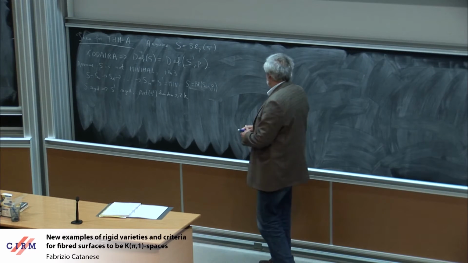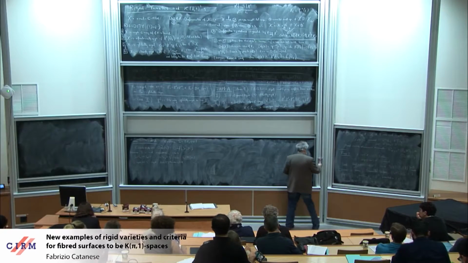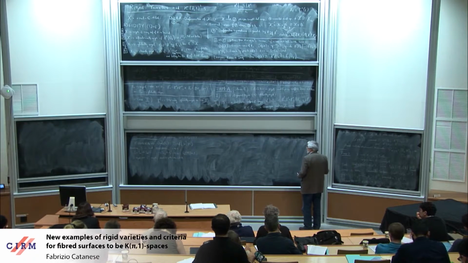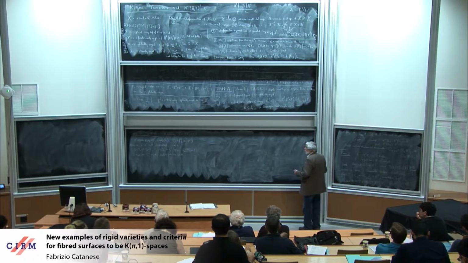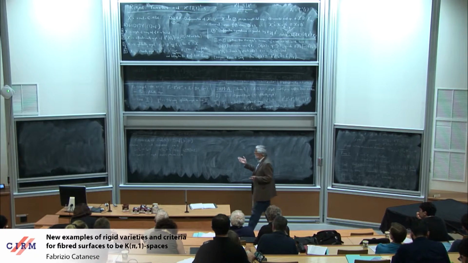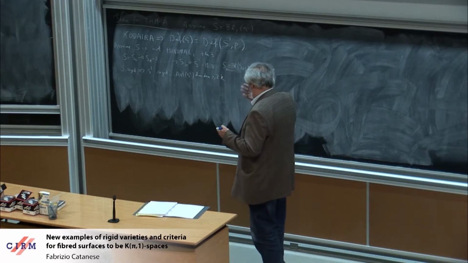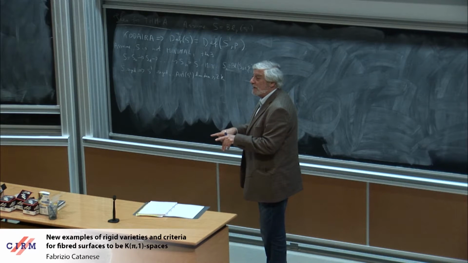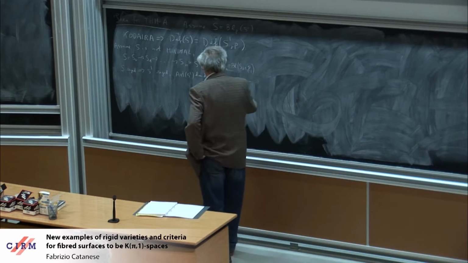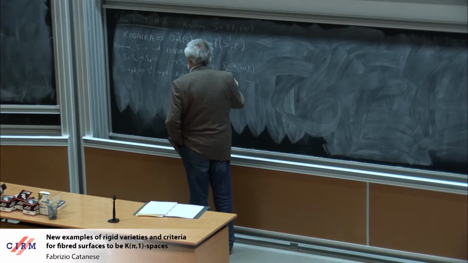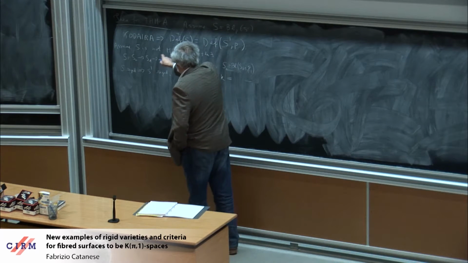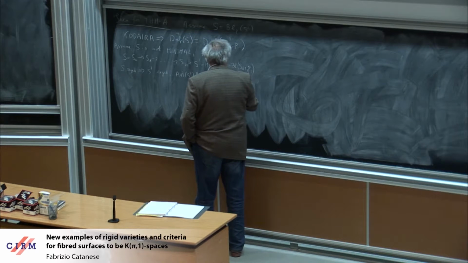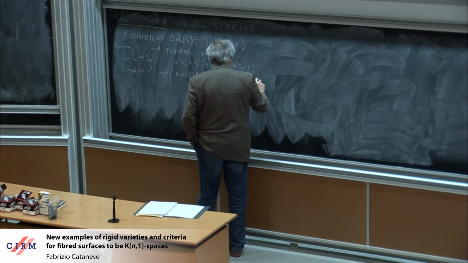So now let me explain something which is known to experts. Since the automorphism group has positive dimension, there are two linearly independent vector fields. So I'm assuming it's not minimal, so there exist two independent vector fields.